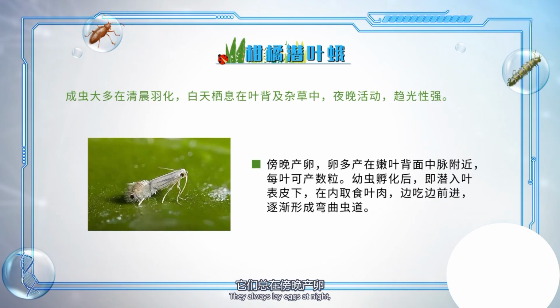They always lay eggs at night, mostly nearby the midrib of the back of tender leaves, with several eggs per leaf. After hatching, the larvae submerge under the leaf epidermis, feed on mesophyll inside, and advance while eating, gradually forming curved worm paths.